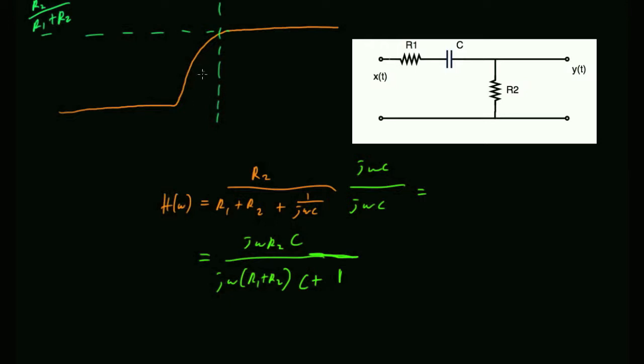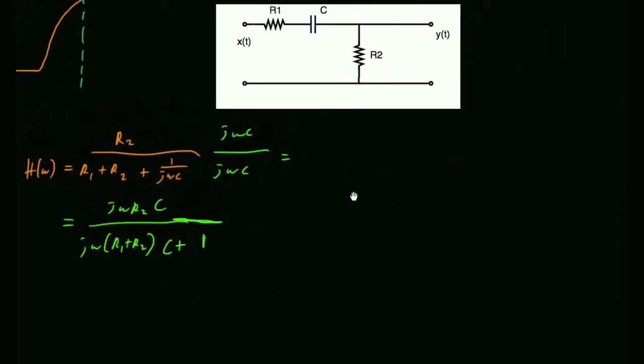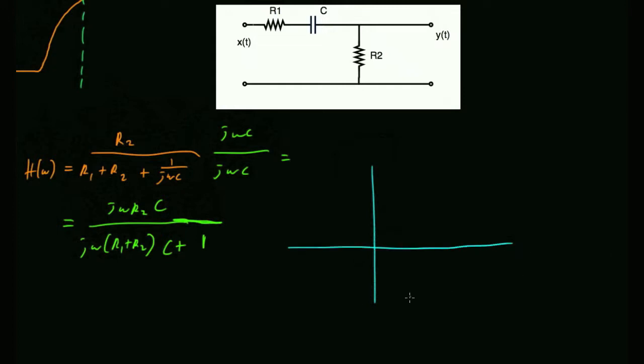If you were to do it like a true Bode plot style, you'd have a zero at omega equals 0, and then you'd have a pole at 1 over (R1 plus R2)c, and at high frequencies, when omega is big, you get R2 over R1 plus R2. There we go, that's a better plot.